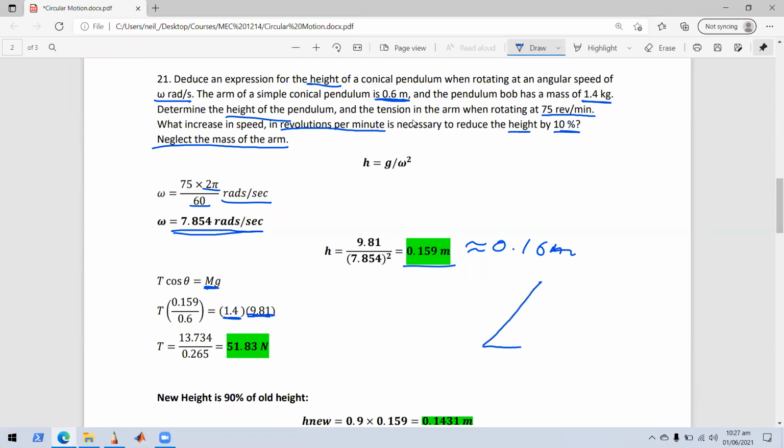This is just the pendulum. Now, the arm of the simple conical pendulum is 0.6. We just found height as being 0.16 or 0.159.